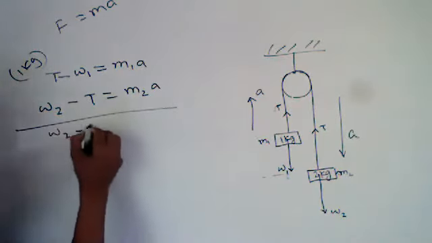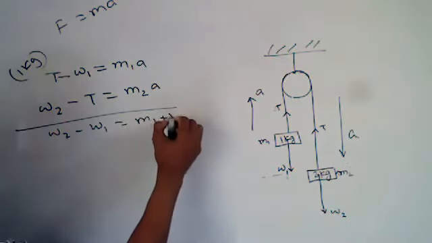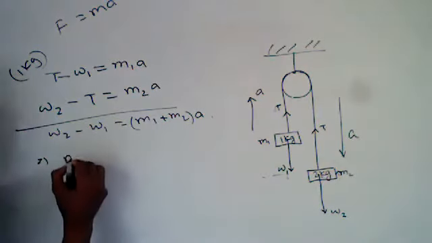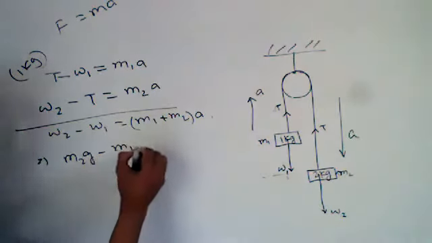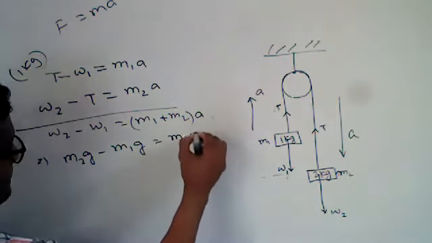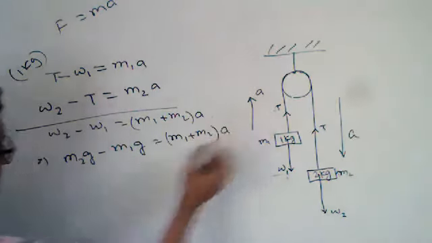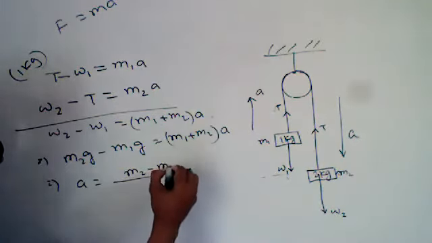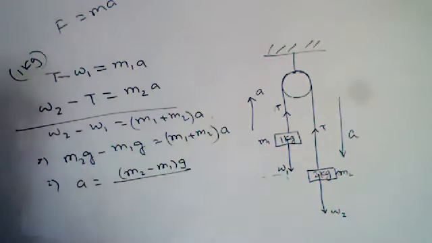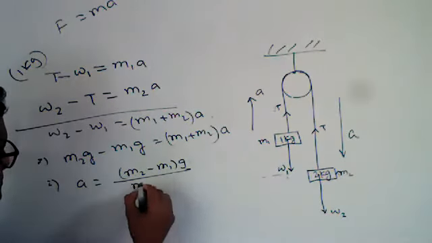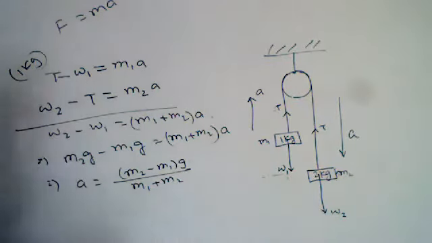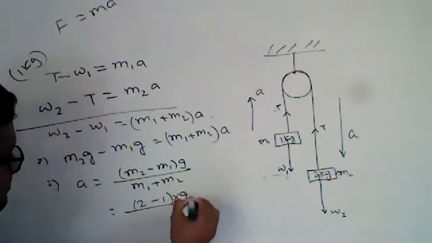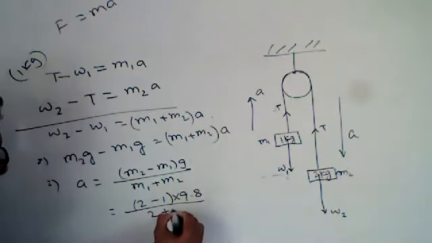So W2 minus W1 equals M1 plus M2 into A. W2 means M2G minus M1G equals M1 plus M2 into A. So here A will be M2 minus M1 into G over M1 plus M2. So A equals 2 minus 1 into 9.8, over 2 plus 1.